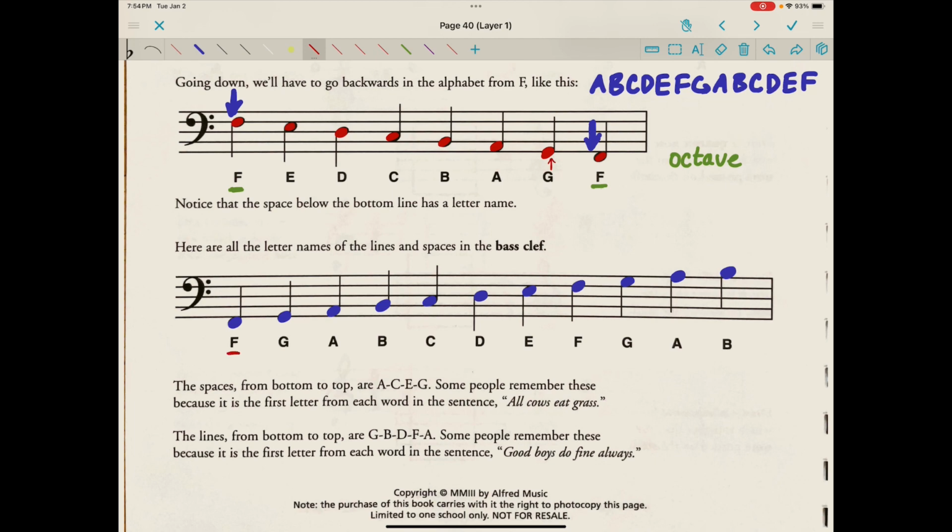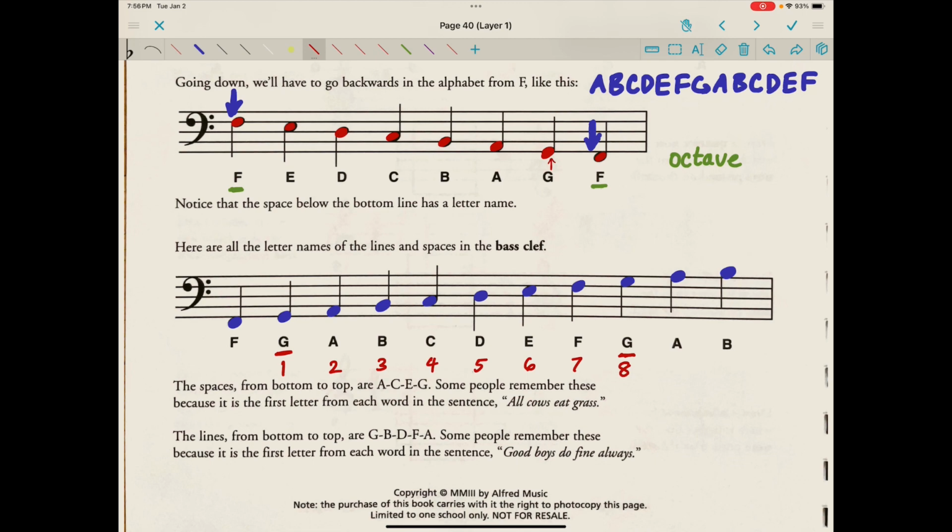So even though this is an F and this is an F, they're obviously on different places on the staff because this is a higher F than this lower F. So if a bass singer sang this lower F and a tenor singer sang this higher F, they would be singing in unison, but they would also be singing an octave apart. Likewise, this G is 1 octave lower than this G because they are 8 letter names apart.